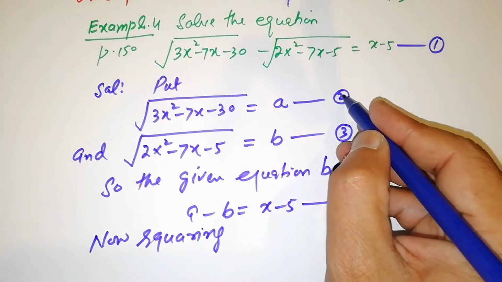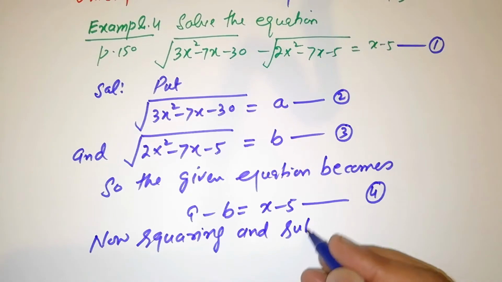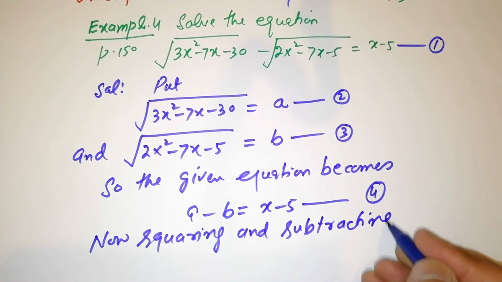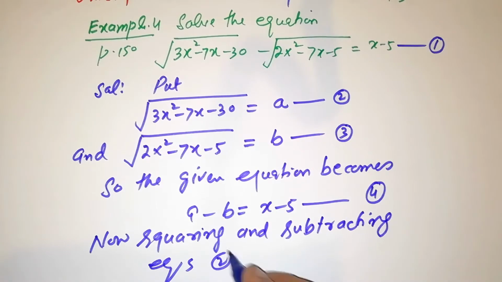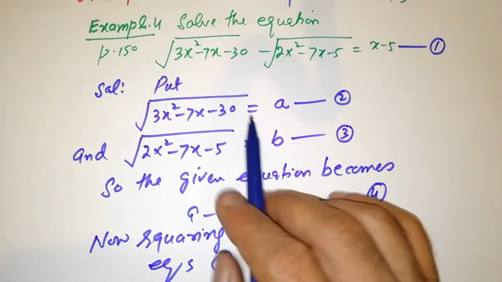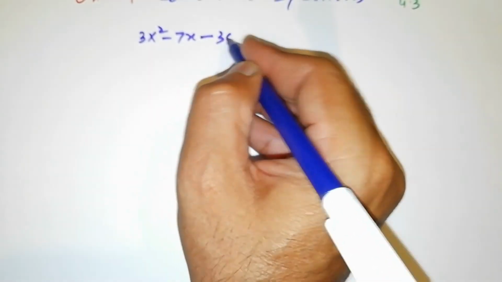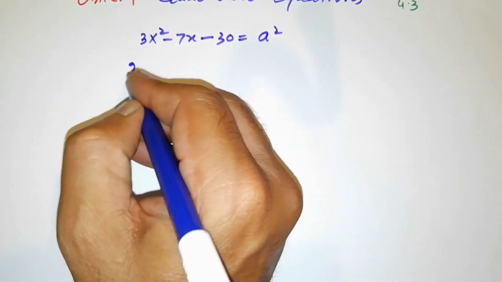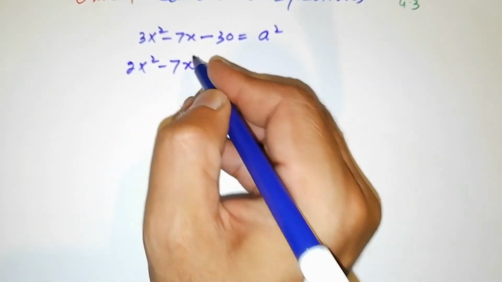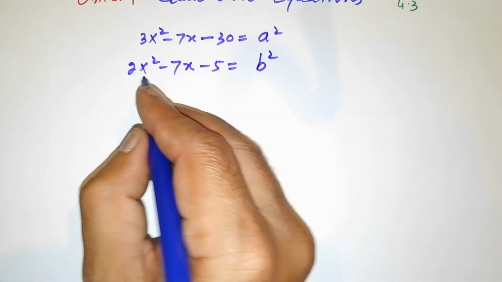Now squaring. Now we square equations 2 and 3 and subtract, which means when we square both of them the square root sign will vanish. So we have 3x square minus 7x minus 30 equal to A square, and 2x square minus 7x minus 5 equal to B square, and we want to subtract.